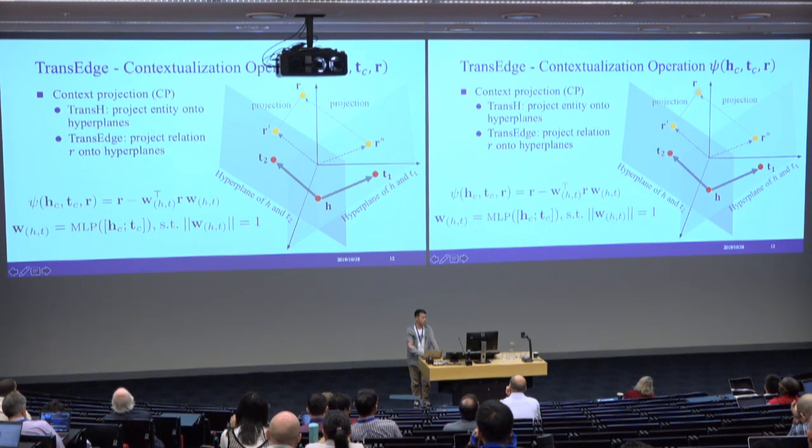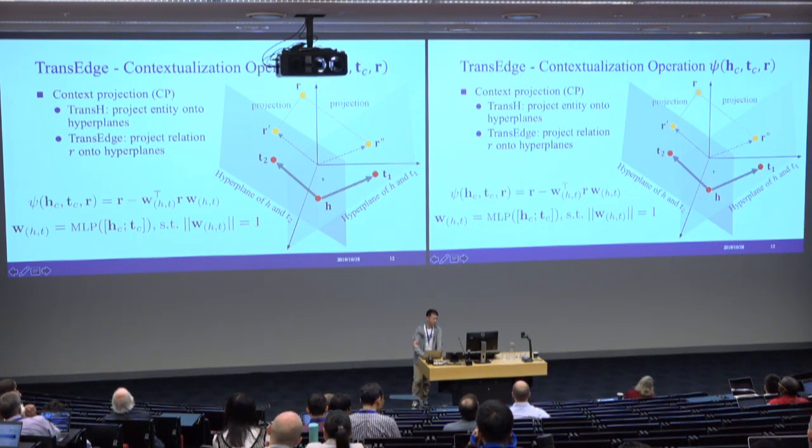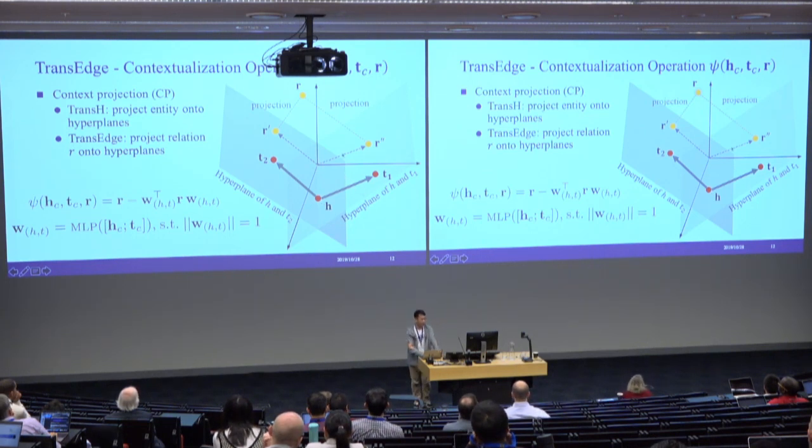The second approach is similar to TransEdge. However, we project the relation to the context created by the entities. For example, in this figure, H and T1 are an entity pair, and they create a context like this hyperplane, and then we use the projection function to project R to R double prime.